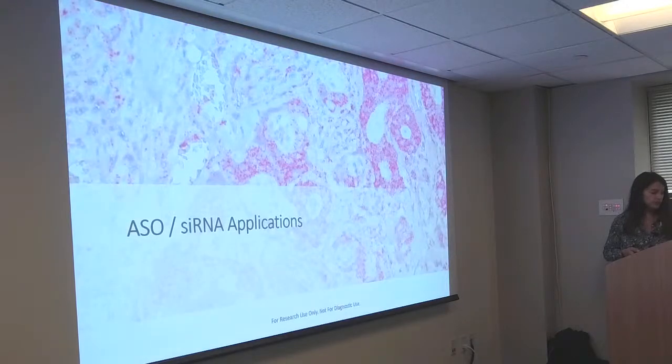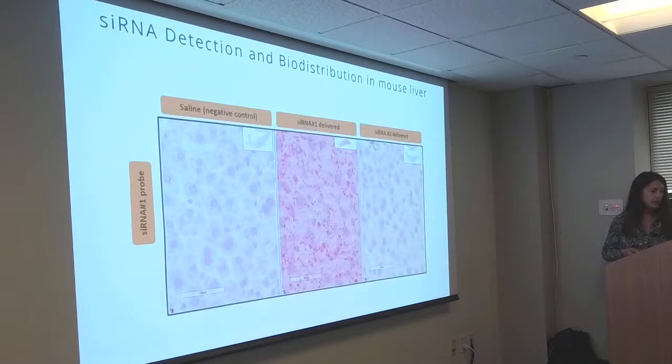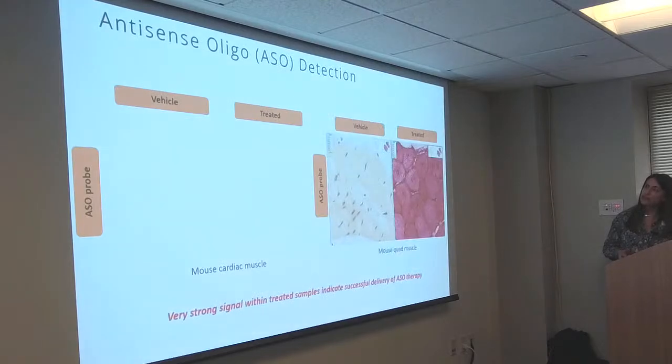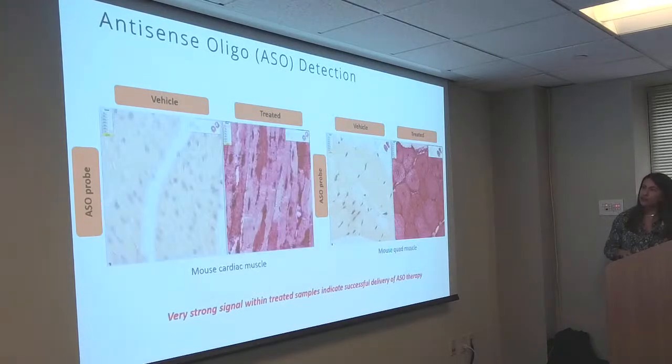For a couple of antisense oligo options, as well as siRNA applications, we can verify that you've got delivery, and we can verify that we've got target going to where it needs to be.